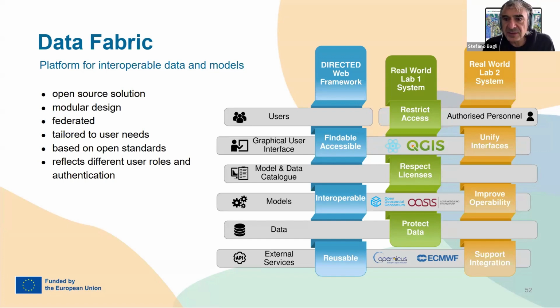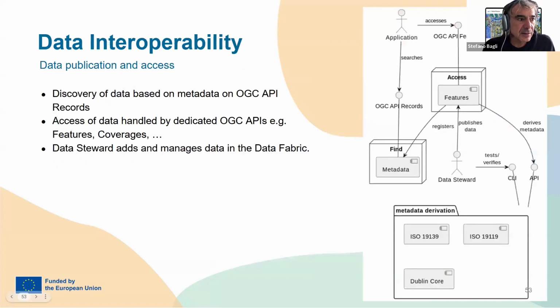It is based on open standards, ensuring that different organizations and roles can collaborate efficiently. It also provides a user authentication mechanism to control access and ensure security and reliability of the platform. Next slide.